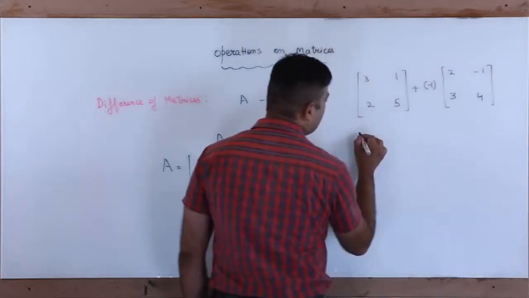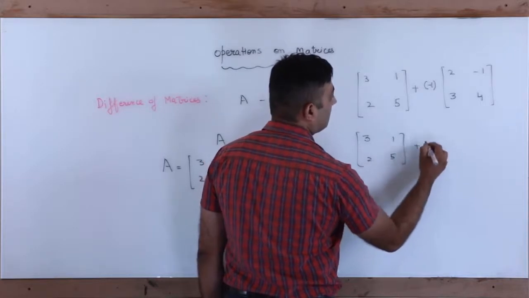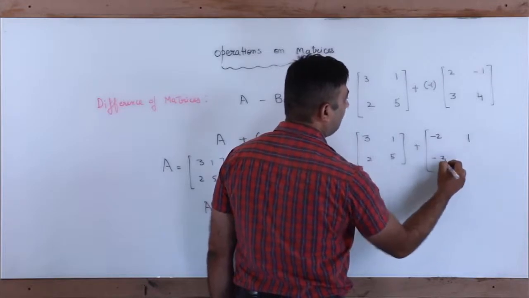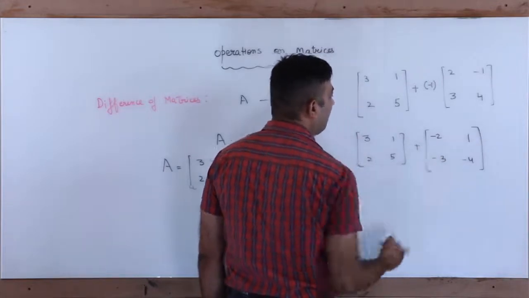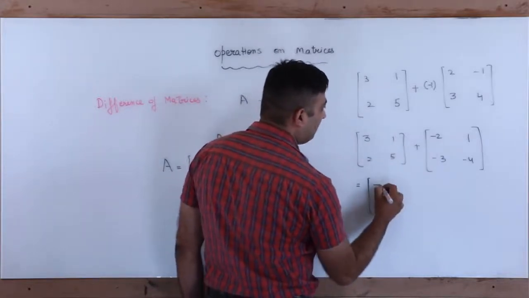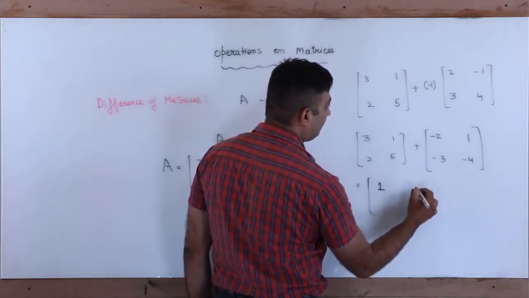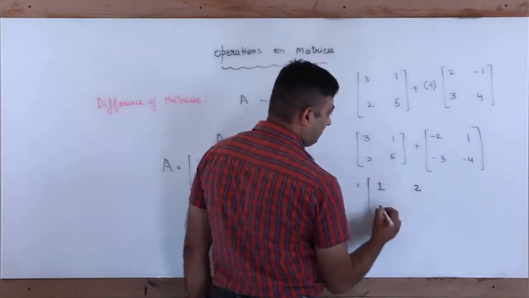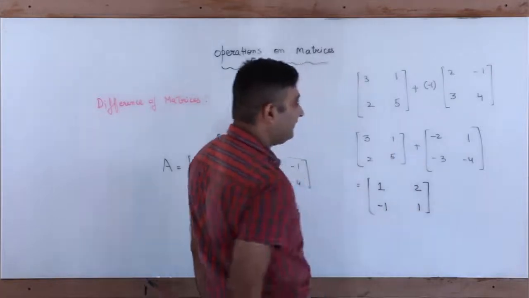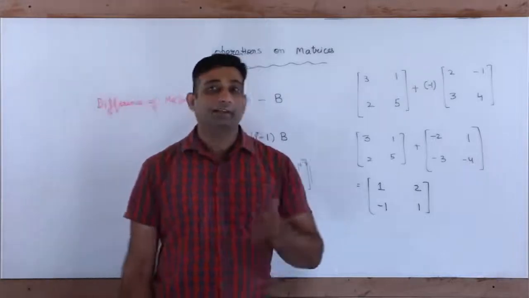Now, first we will simplify the second matrix, that is, multiply the scalar with all the entries: minus 2, 1, minus 3 and minus 4. Now we will add the corresponding entries of these two matrices. It will be 3 and minus 2 will be 1, 1 and 1 will be 2, then minus 1 and 1. So we obtained the difference of these matrices A minus B. Similarly, we can find B minus A.